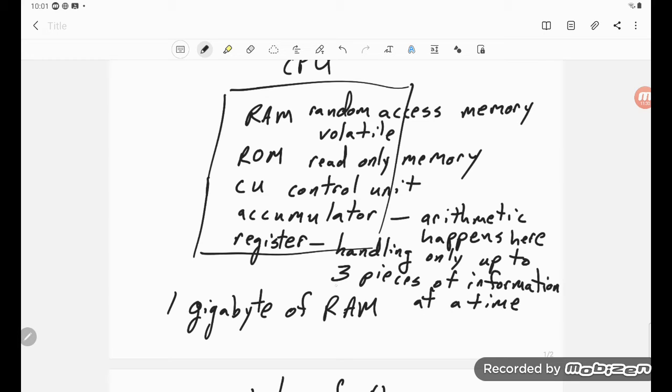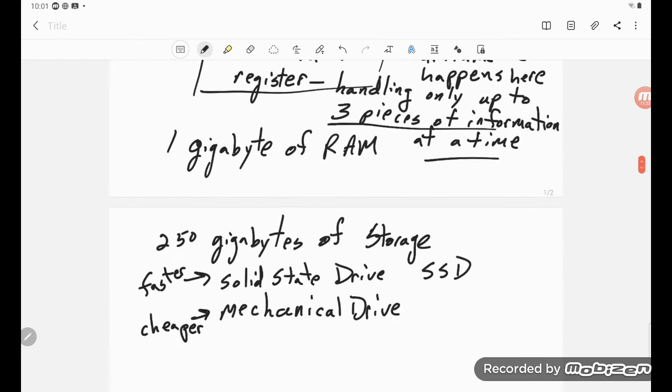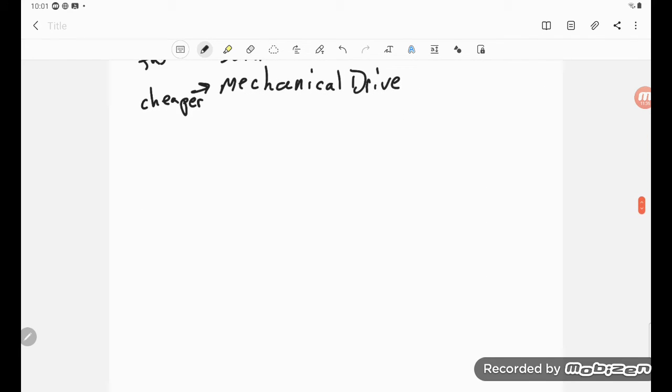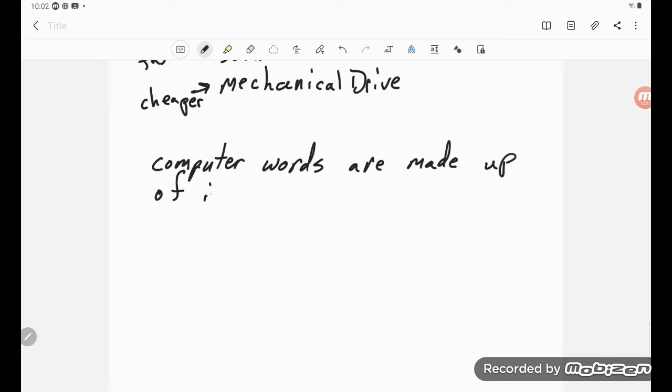And now, I mentioned the 3 pieces of information. So computer words are made up of individual bits.